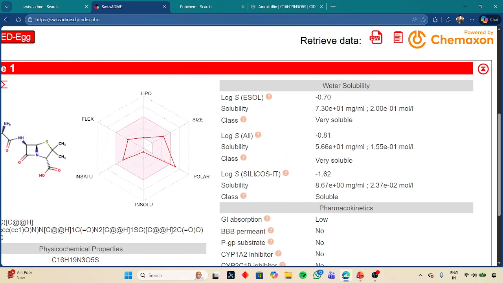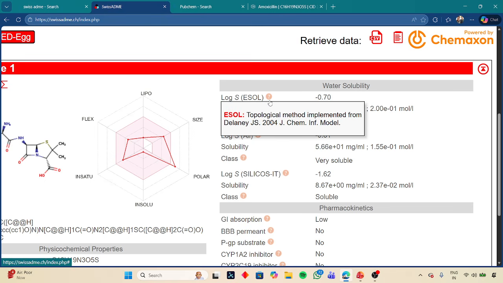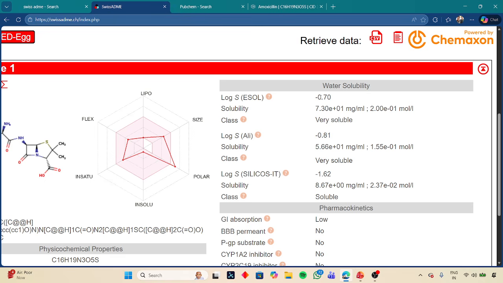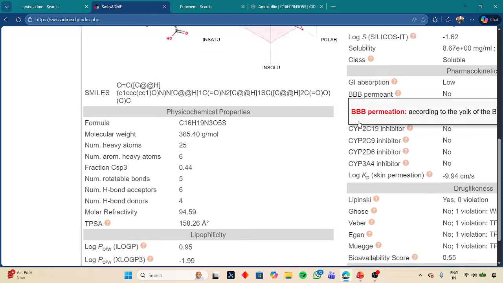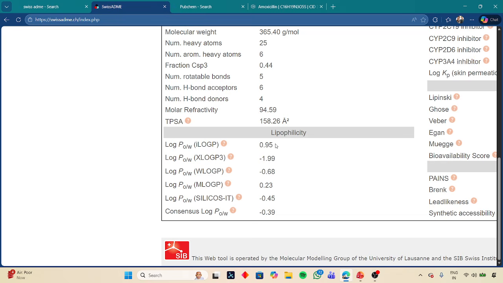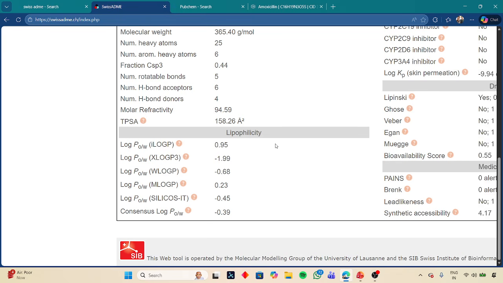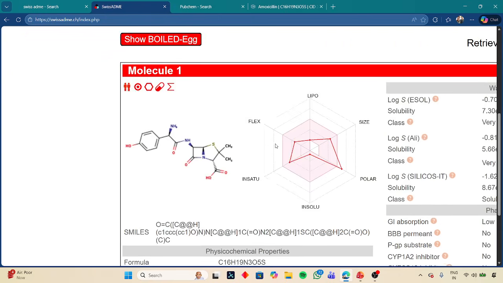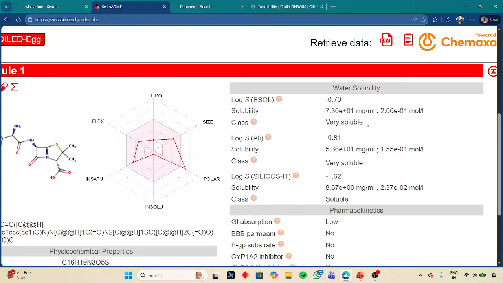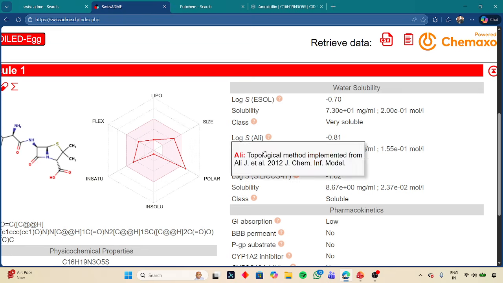Now talking about the water solubility, it has a log S value of minus 0.70, and it comes under the class of very soluble. You can see here that the drug has a very low log P value, which means it is hydrophilic in nature, so it comes under the very soluble class. Then we have another log S. These are various other parameters.